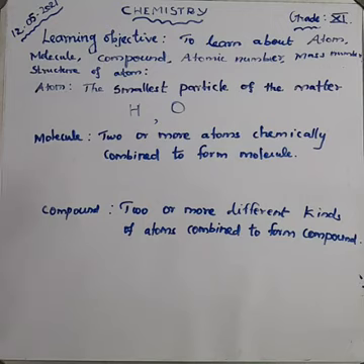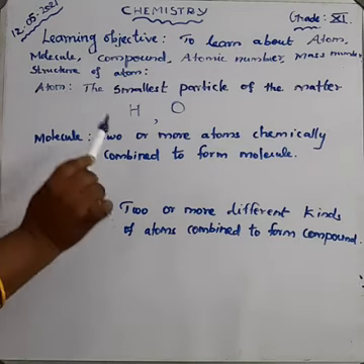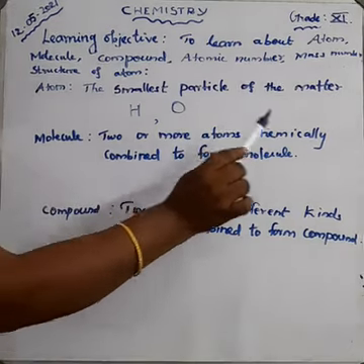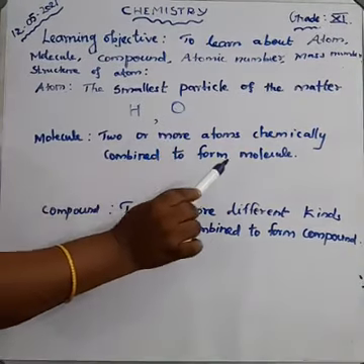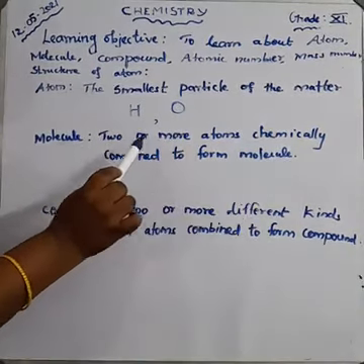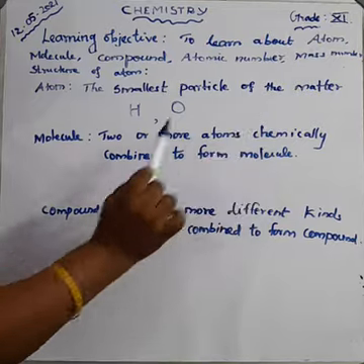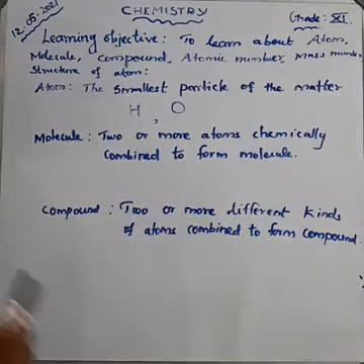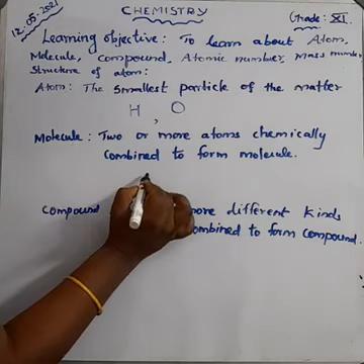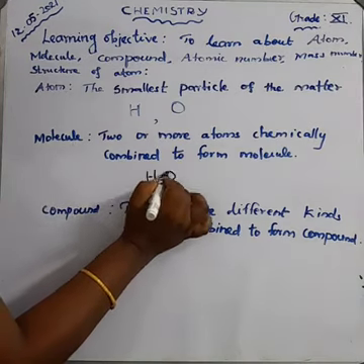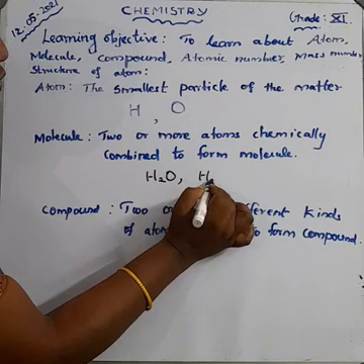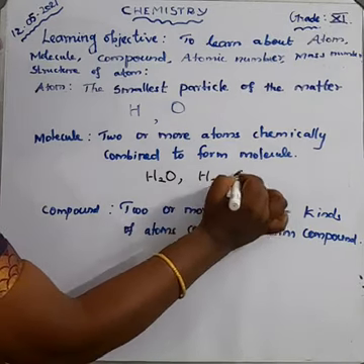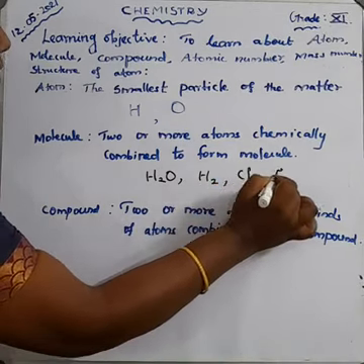And then molecule. What do you mean by molecule? Two or more atoms chemically combined to form a molecule. What is the example for the molecule? Water, H2O, is one of the molecules; hydrogen, H2 molecule; and chlorine, fluorine.